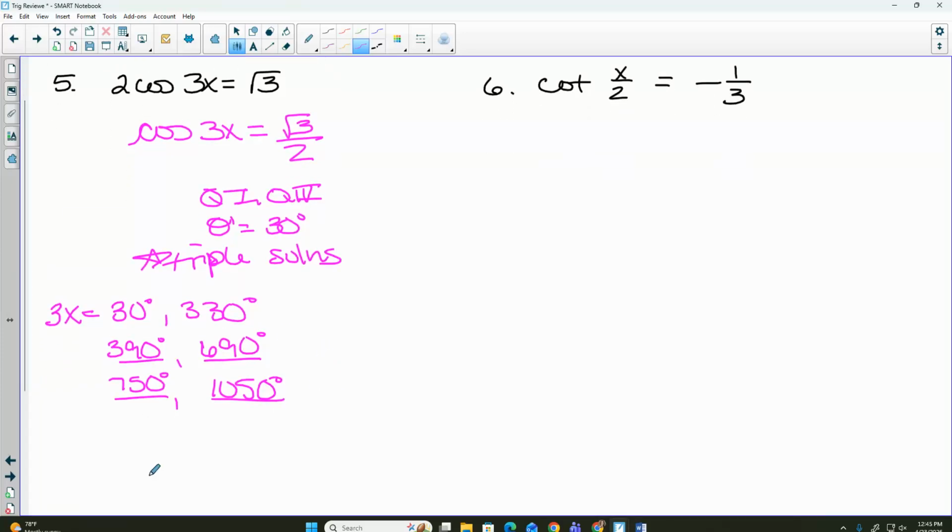Divide all of those by 3. So we get 10, 110, what else? 130. Yeah, I started dividing by 2 instead of 3.